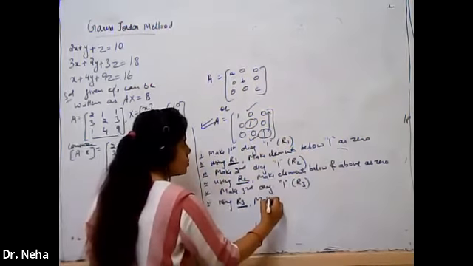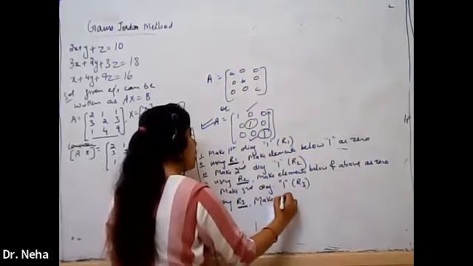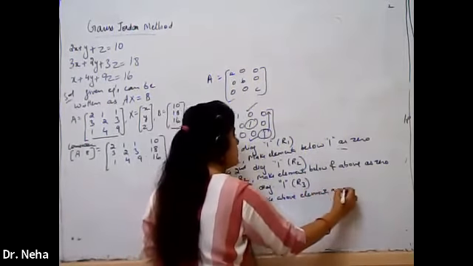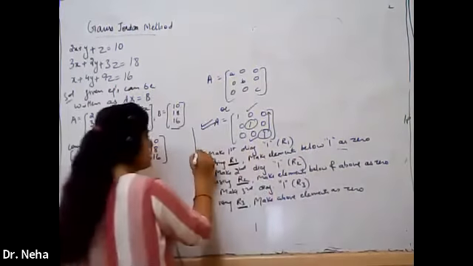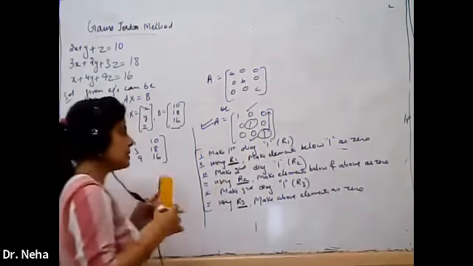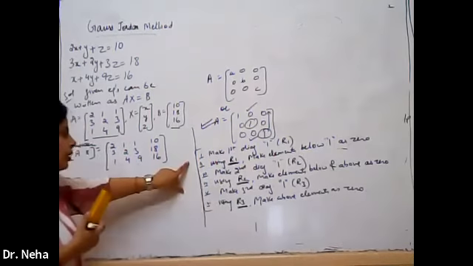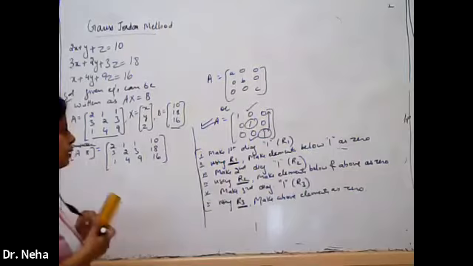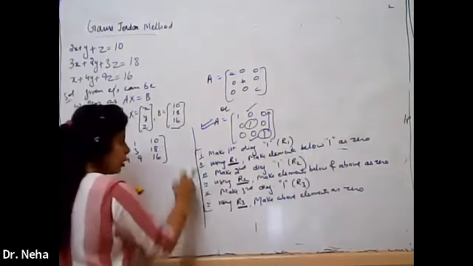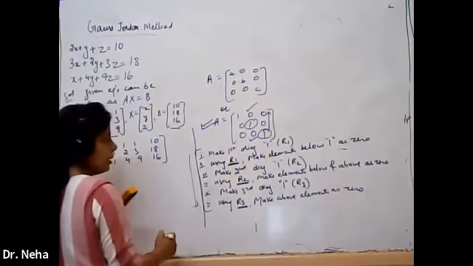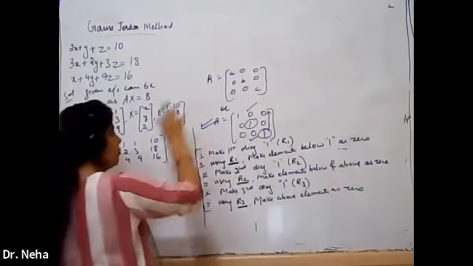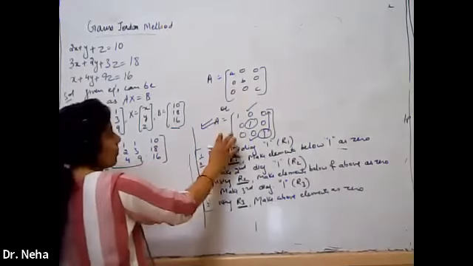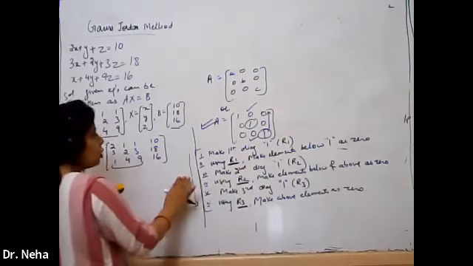So using R3, make above elements 0. So these are the 6 steps. If you follow these steps, you will arrive at your answer soon. Otherwise, it will lead to 3 to 4 pages. It is not compulsory to follow these steps, it's your choice. Otherwise, we know our answer: we need to convert this matrix A into this form or this form. It's up to you whether to follow or not.